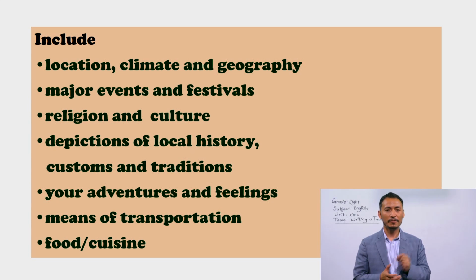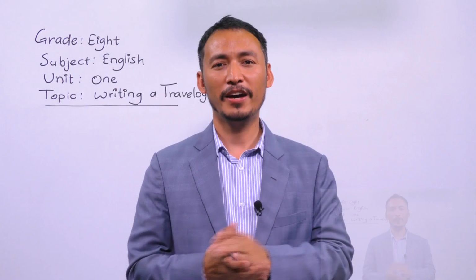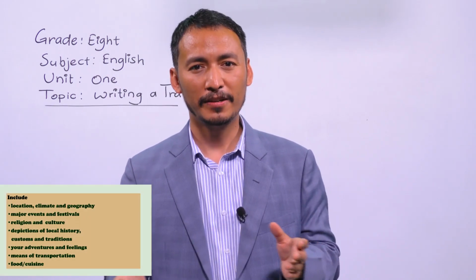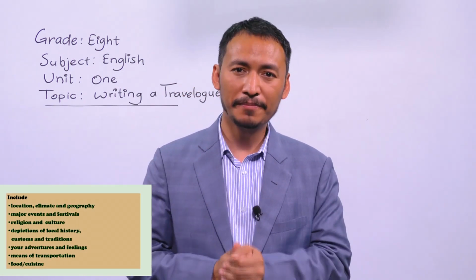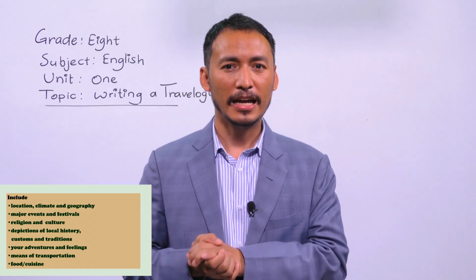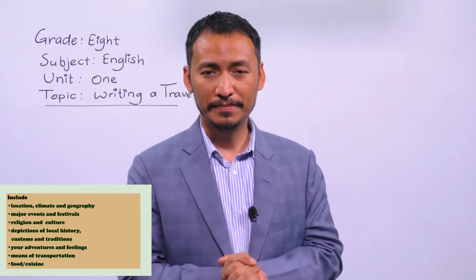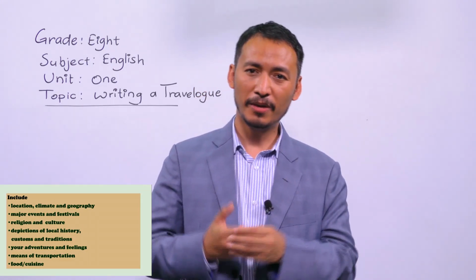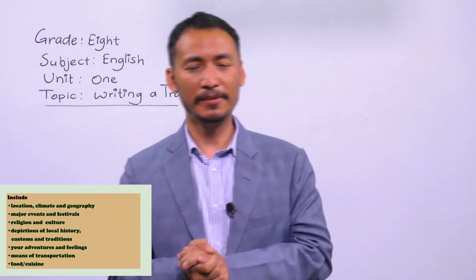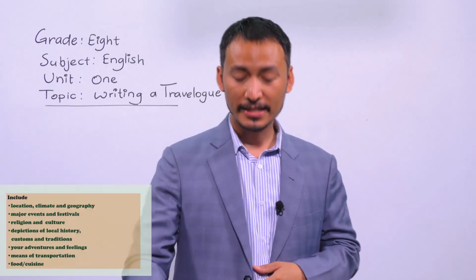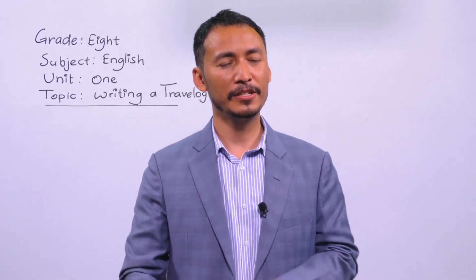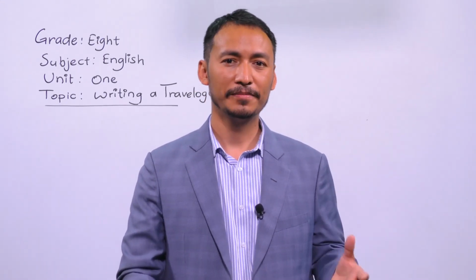Another important thing is food and cuisine. In any place, you would like to enjoy and taste the local food, the local speciality of that place, and you want to share how you enjoyed it, what kind of food is available there. Okay, so this is the information you can include in your travelogue.